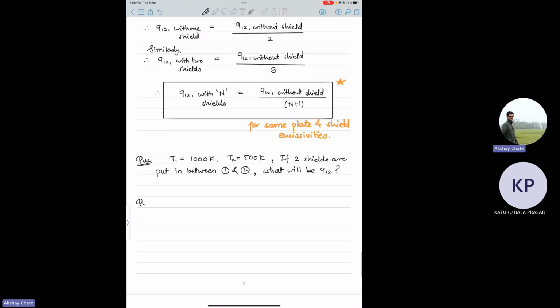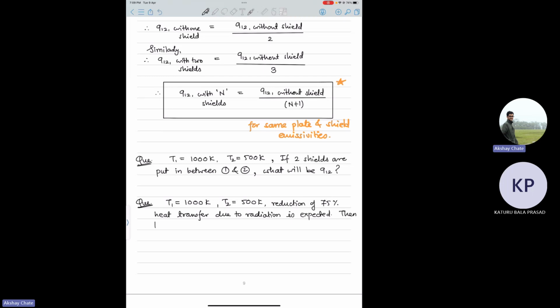Another variation of this question is, I will give you the temperatures of plates as some values, and I will ask that a reduction of 75% in heat transfer due to radiation is expected.